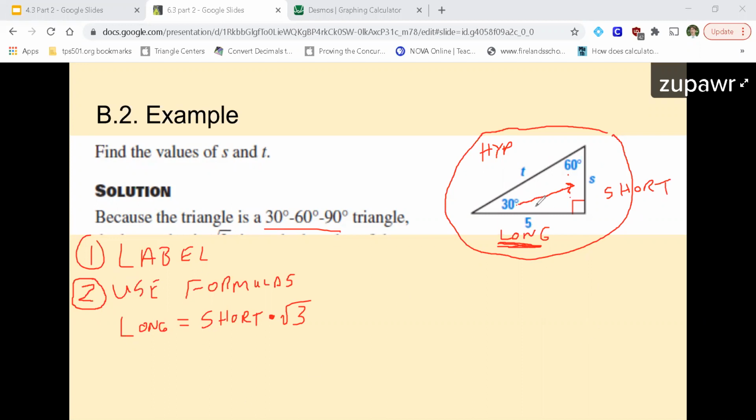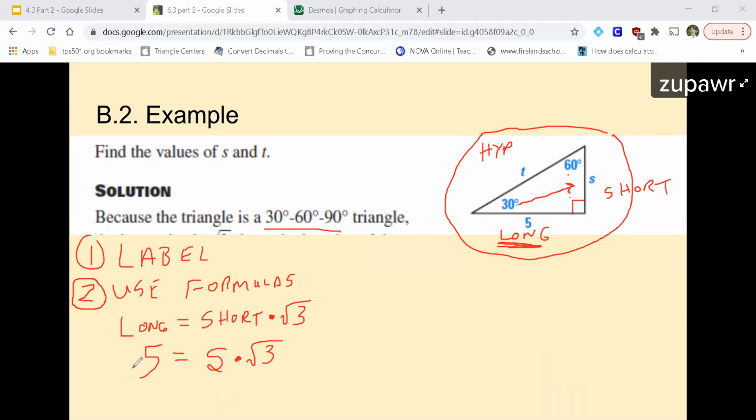If we plug in our values into this formula, we will get that 5 is equal to S times the square root of 3. All right.